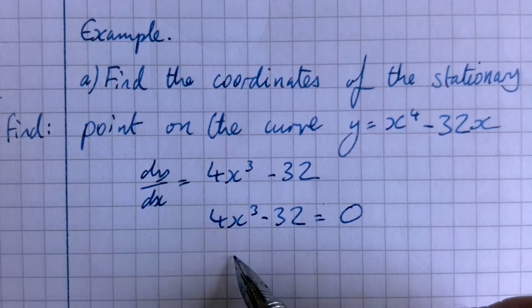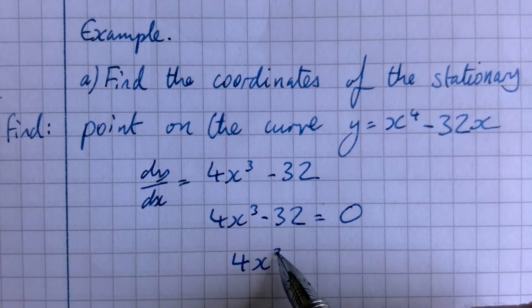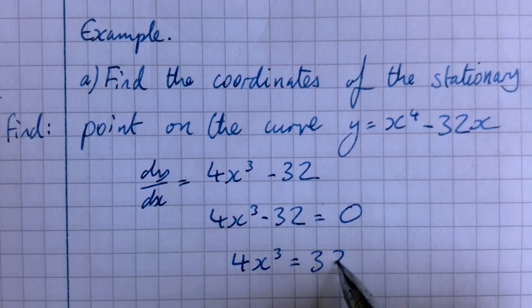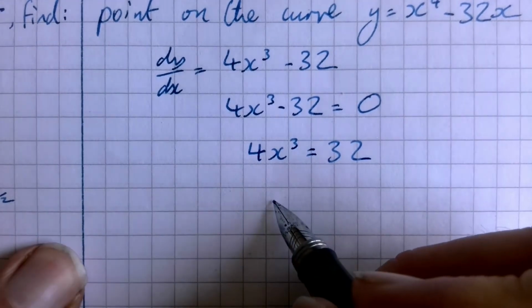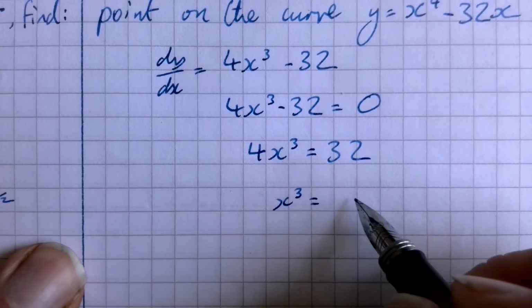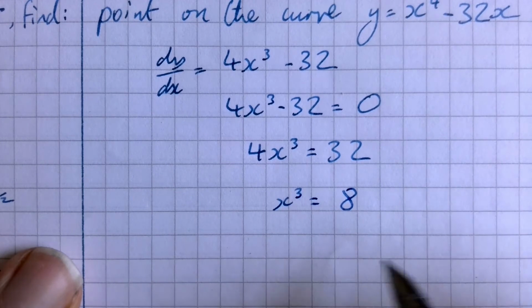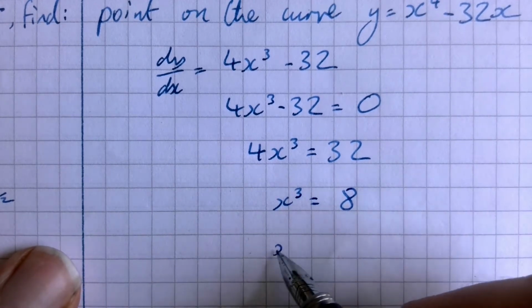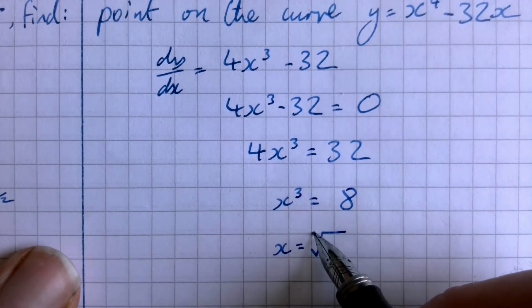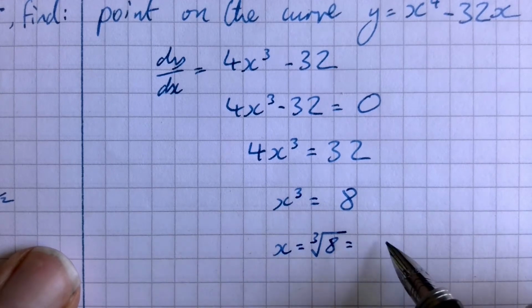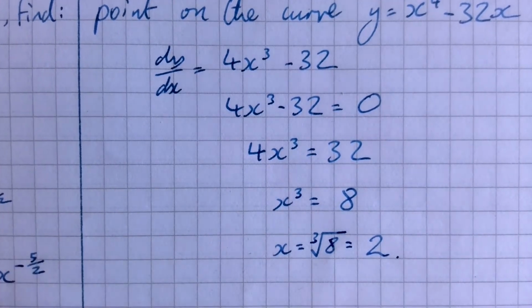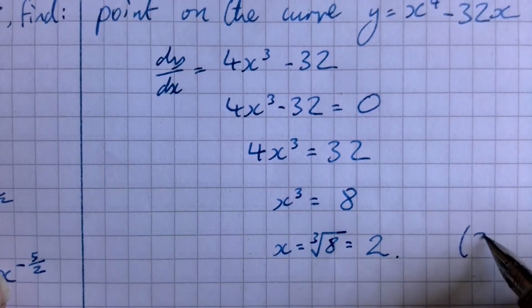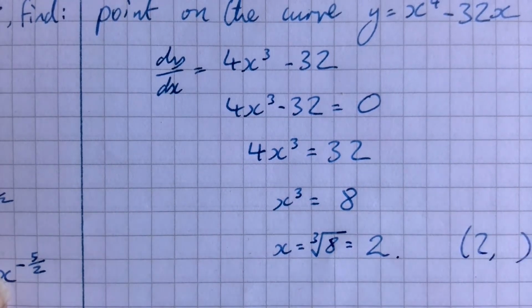So if I add 32 to both sides, I get 4x cubed equals 32. And then dividing by 4 would give us x cubed is 8. And then the cube root of 8 is 2. So x equals 2. Now we know x equals 2, but what's our y value?